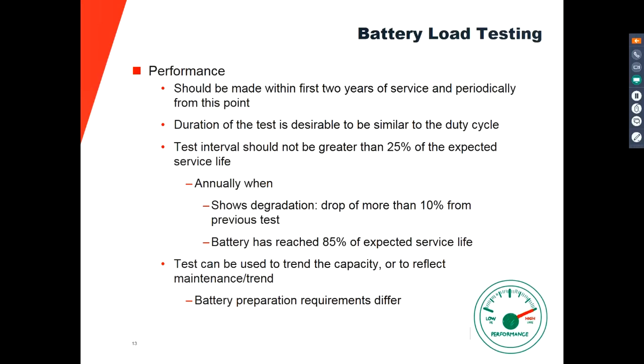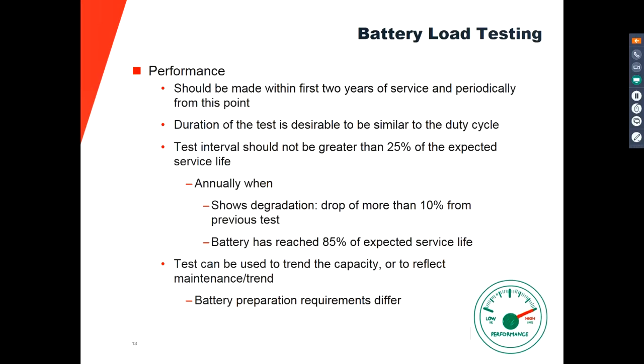So there is like a knee point in the behavior of the capacity of a battery: it starts degrading, and then it reaches a point where it starts dropping very fast. And that is expected to be around 85% of the life of the battery.